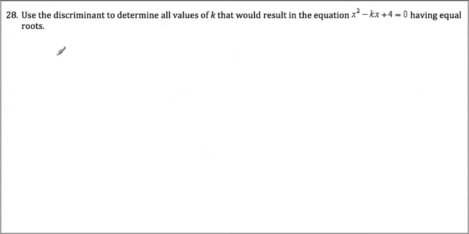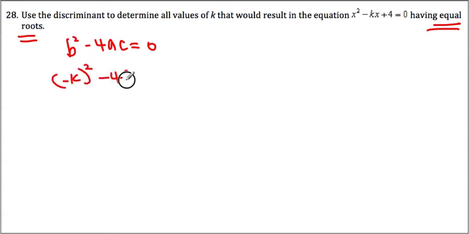Number 28. Use the discriminant where this one will have an equal root. What does it mean by equal root? That means the discriminant b squared minus 4ac has to be equal to 0. What's the value of b? That's negative k. So we have negative k squared minus 4 times a. A equals 1 here because that's the coefficient of x squared.